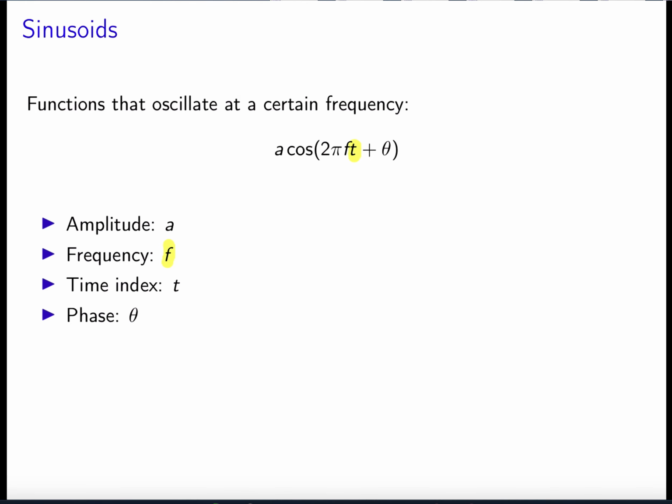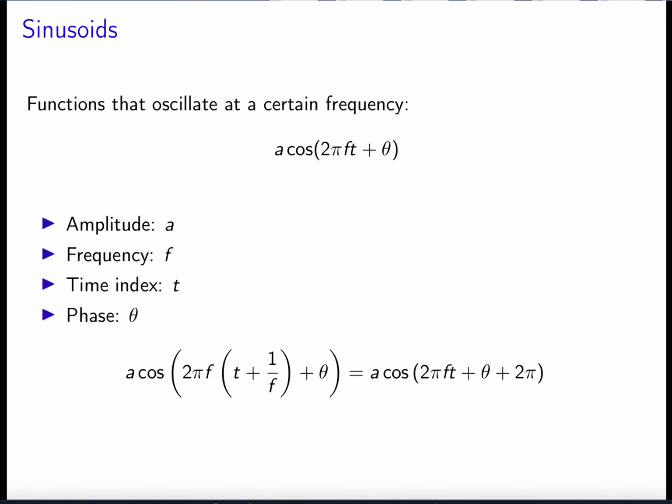So let's prove quickly that this function is indeed periodic with period 1 over f. If we shift t by 1 over f, what happens is that we're shifting the argument of the cosine by 2 pi, and we know by basic properties of the cosine function that cosine of t is just equal to cosine of t plus 2 pi.